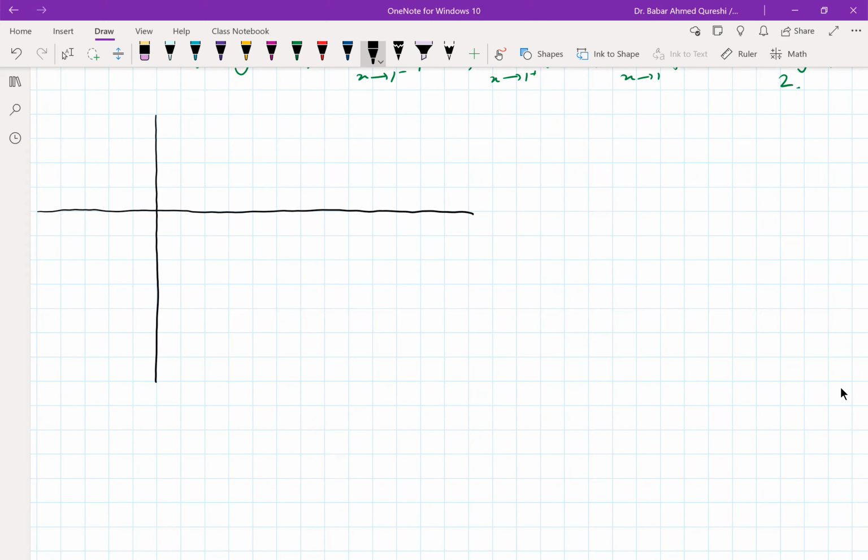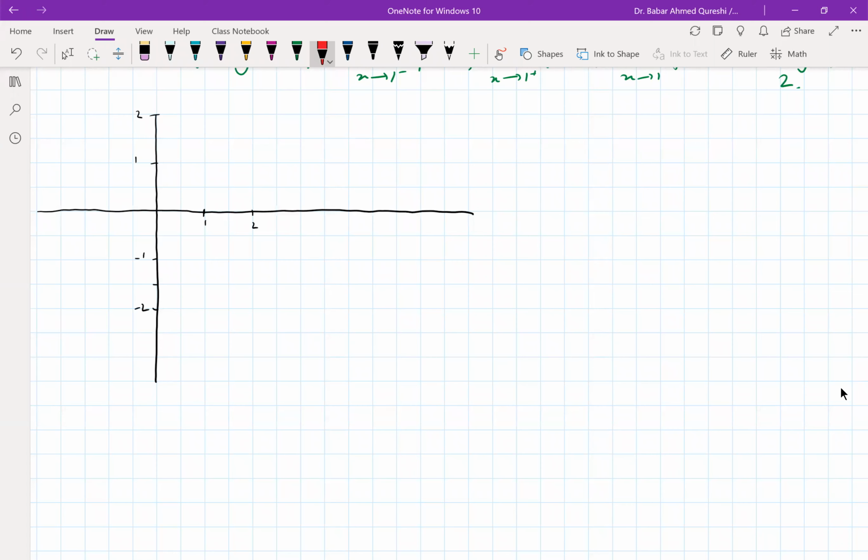Let's count 2 boxes as 1. So this is 1, and this is 2. This is 1, this is 2, minus 1, and minus 2.